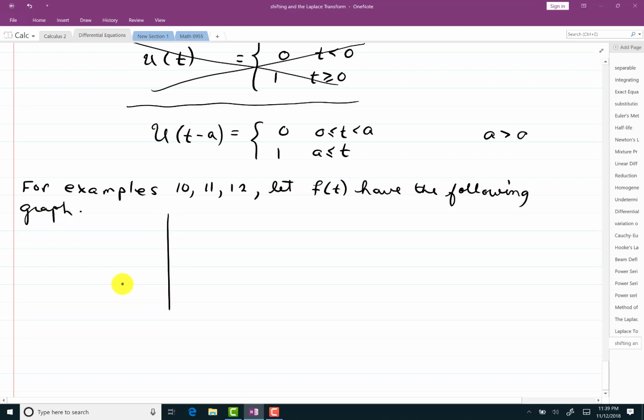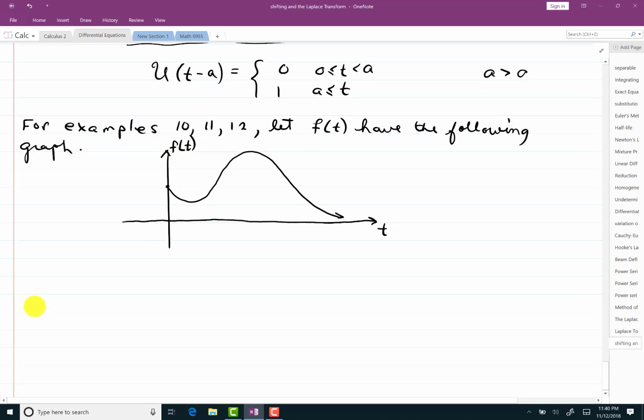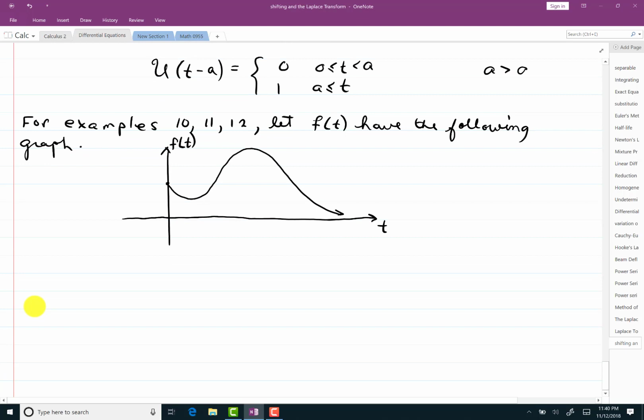Just a rough sketch, nothing fancy. Of course, this is along the t-axis, and then this is f of t. So, for various examples, I'm going to chop parts of the graph, and I want to try to figure out, using this thing, how to describe it.